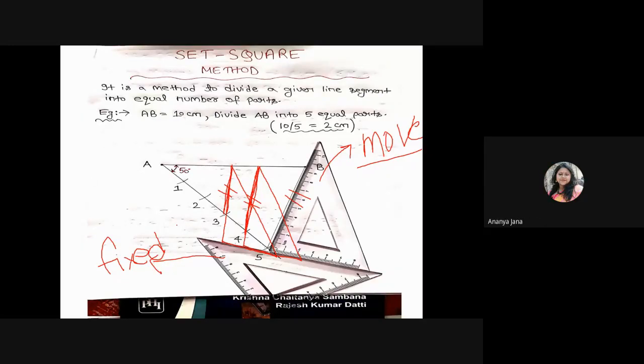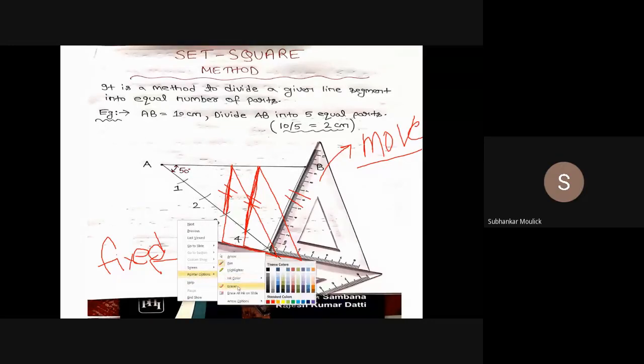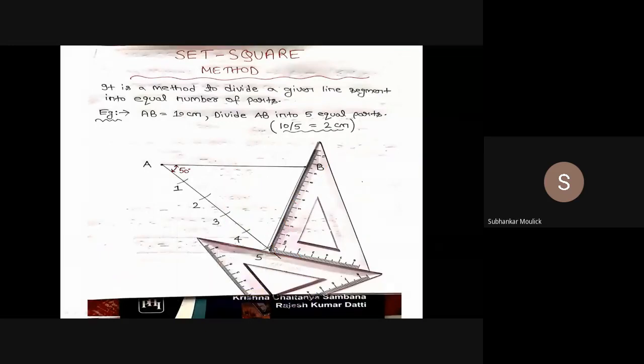Sir, will you repeat this again? Okay, fine. What I will do, I want to draw a parallel line passing through arc point 4, joining my given line AB, exactly like 5B. I know that my bottom set square is fixed, my top set square is movable all the time.